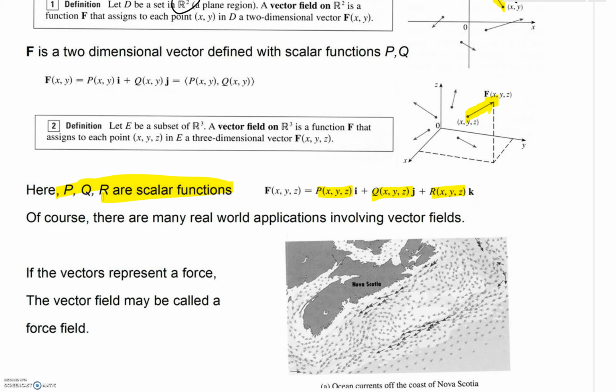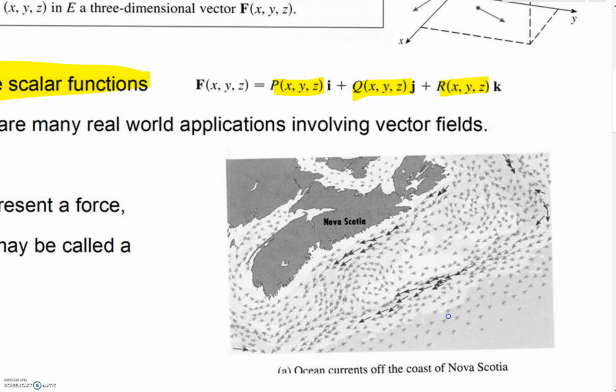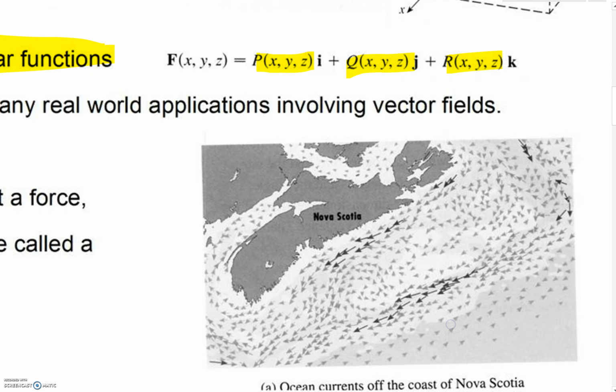There are many real-world applications for vector fields. You can see ocean currents right off the coast of Nova Scotia. For any particular point in the ocean, the arrow is pointing in the direction that the ocean current is going.